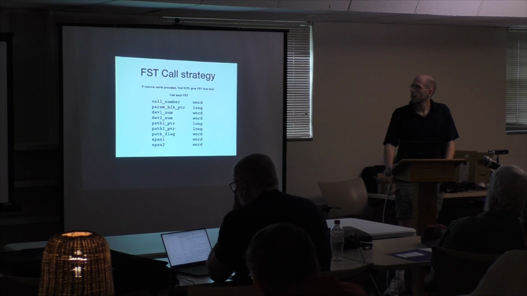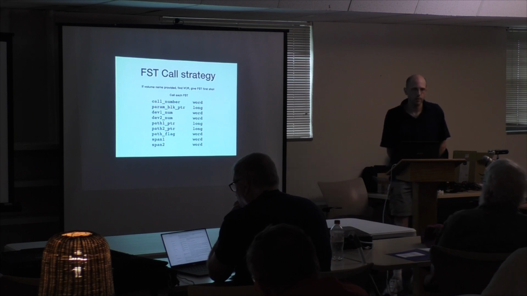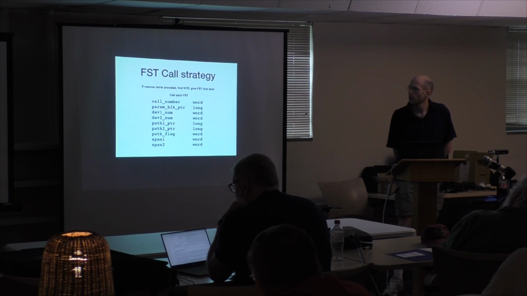So for path name based calls, GS/OS has an FST call strategy here. If a volume name is provided, it looks for the volume control record and gives the file system associated with it the first shot at handling it.